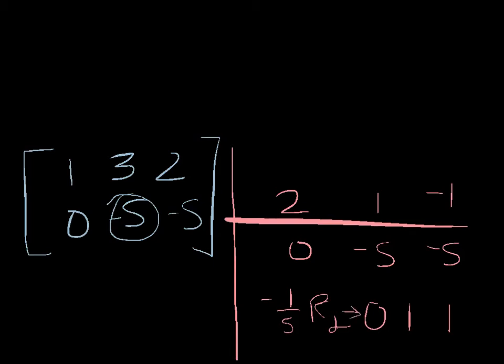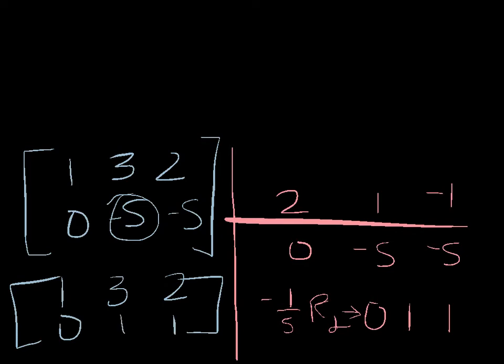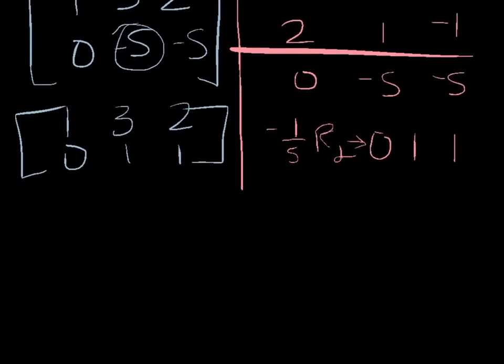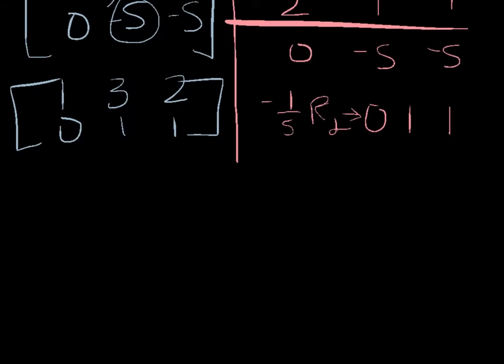So this now becomes my new row 2. So I have 1, 3, 2, and 0, 1, 1. Now what I have right now is what's called row echelon form, where I have my diagonal of 1s and 0s underneath.